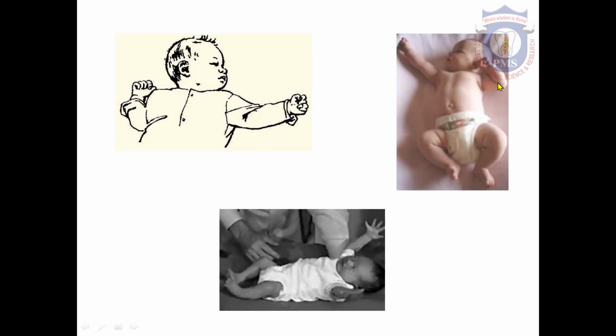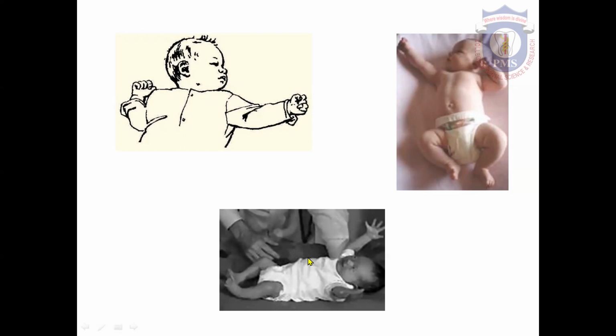You can see in this picture, the head is turned to the right side and the arm of the right side is extended. At the same time, the hand on the left side is flexed. That is the asymmetric tonic neck reflex.